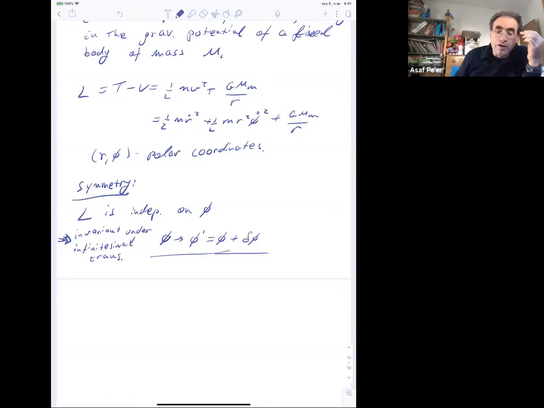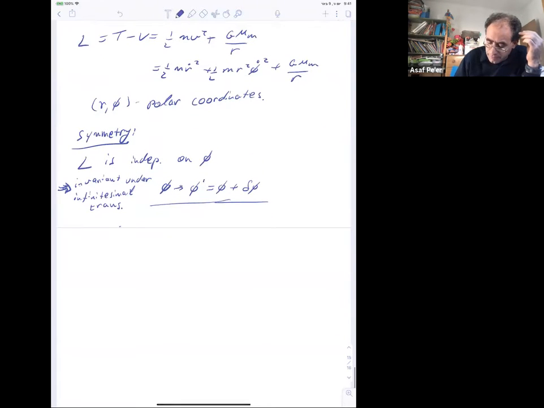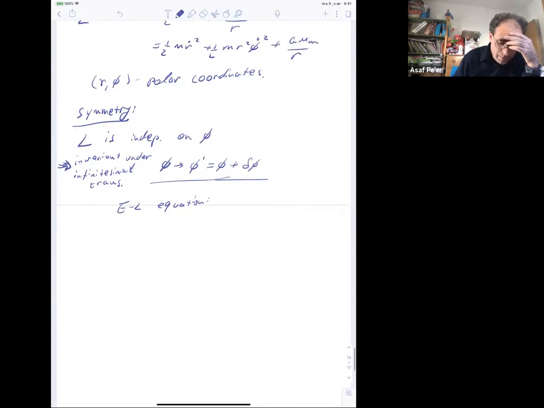And then the corresponding Euler-Lagrange equation of motion means that d over dt of dL over d phi dot is equal to 0.